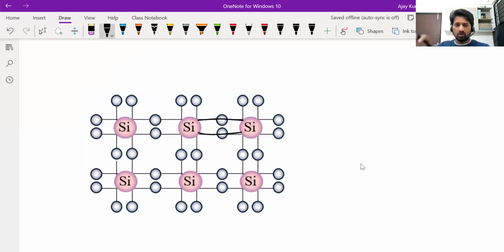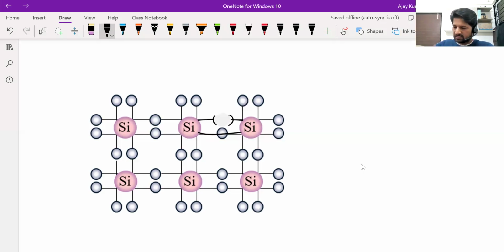Now, these bonds are all formed by valence electrons, the last shell electrons. As I was saying, some of these valence electrons may sometimes gain sufficient energy to jump into the conduction band. So what happens when a valence electron jumps into the conduction band? That bond between the two silicon atoms will be missing something.